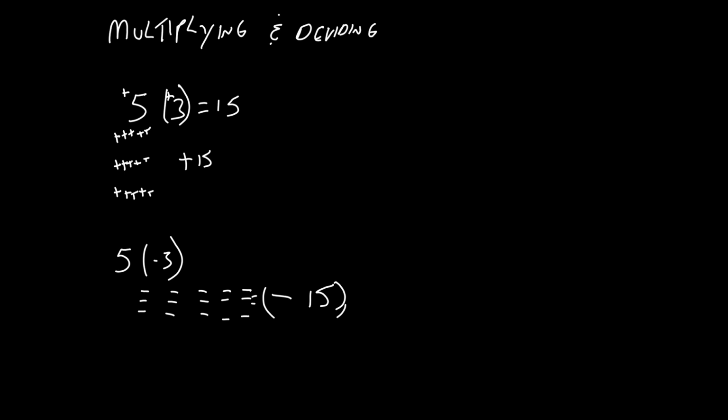A positive times a positive equals a positive, and negative times a negative equals a positive. This is the only time in math or in life, it happens in math all the time, that two negatives make a positive.